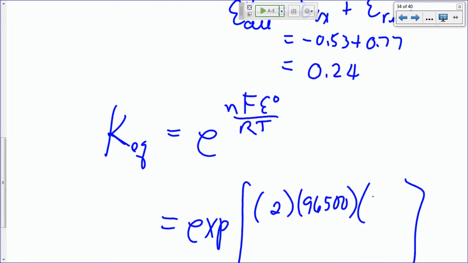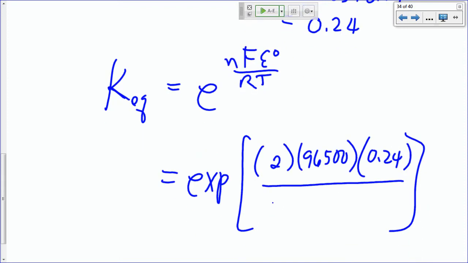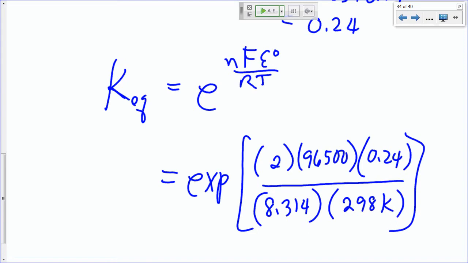So our standard cell potential is 0.24 volts. Divided by R, we have to use 8.314 joules per mole per Kelvin. And temperature is 298 Kelvin. Let me just leave out the units to make things easier to follow.